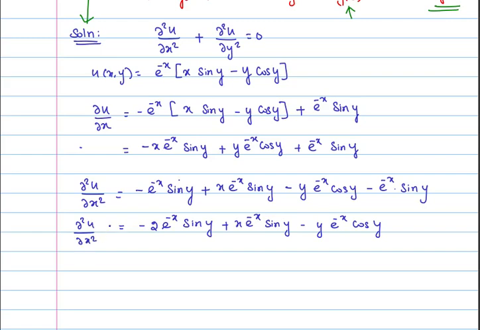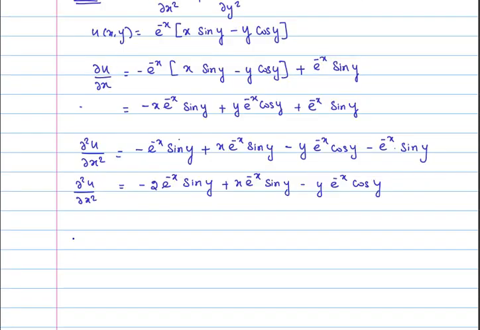To prove it is harmonic, we want to find d square u by dy square also. First du by dy, so we take the derivative with respect to y.